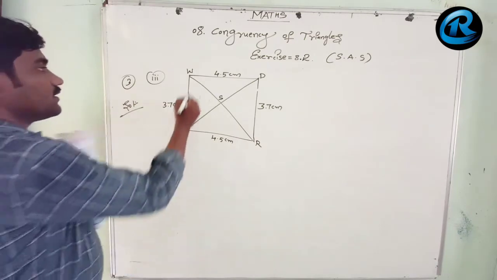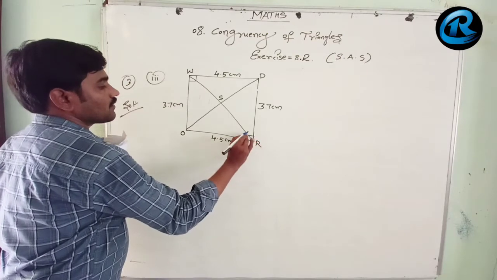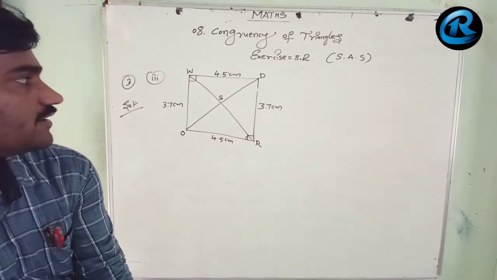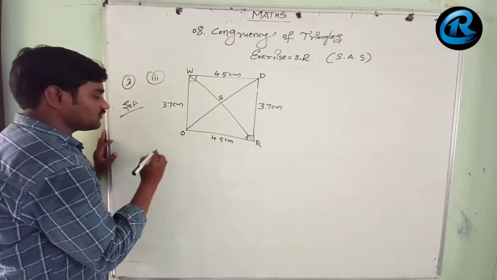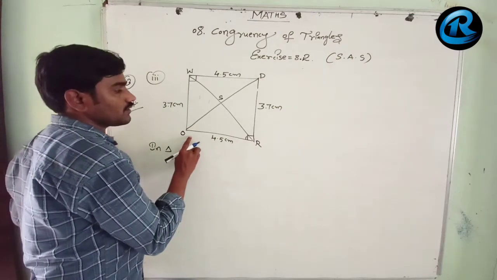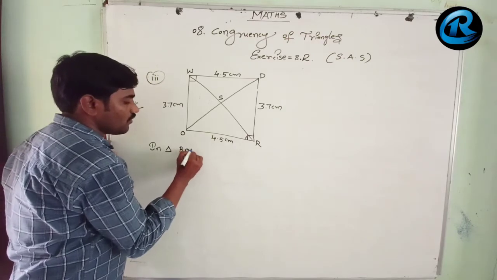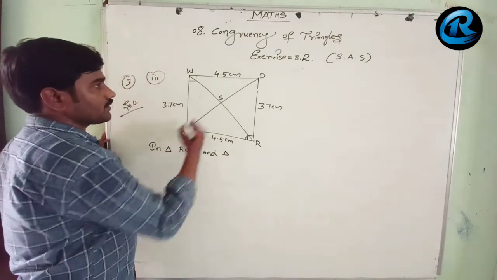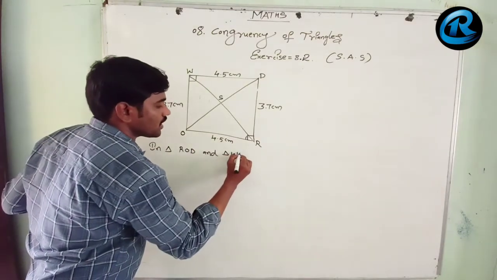Now the angles are given as 90 degrees. Now let me take the triangles here. First of all, we have to prove whether these two triangles are congruent or not. Now take triangle ROD and triangle WDO.